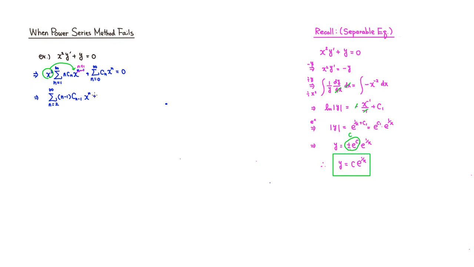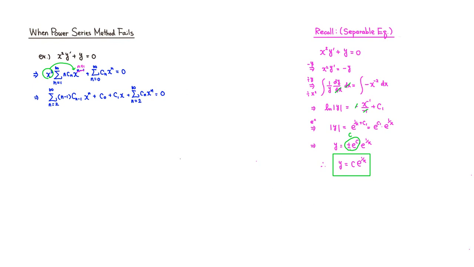The other summation starts from n equals 0, so I'm going to pull out the first two terms: the very first term is C0 and the next term is C1 x, so that the summation starts from n equals 2 to infinity of Cn x to the n. This is equal to 0.